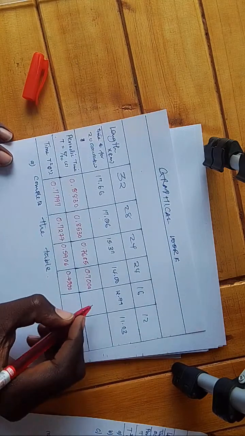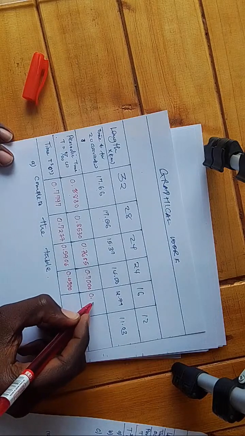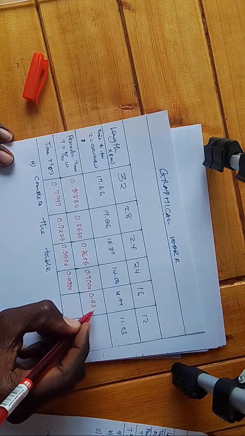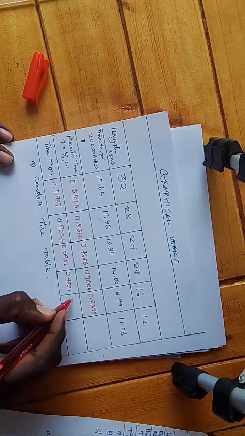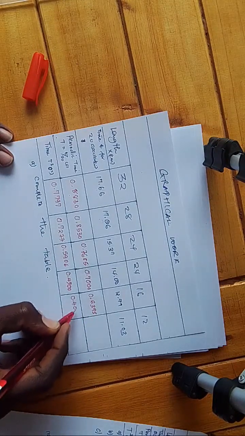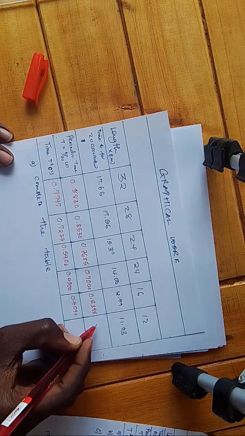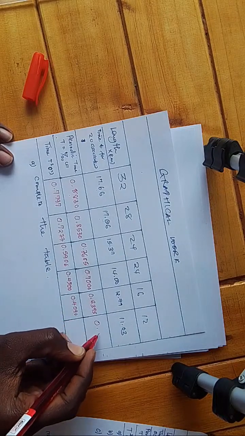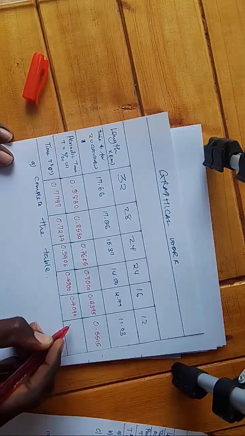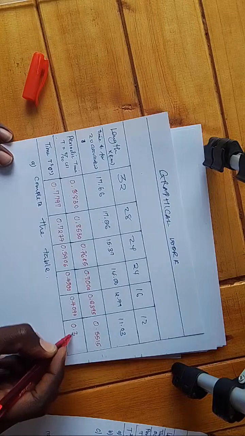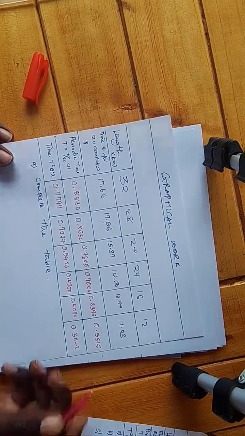The next one is 0.6395. When it is squared, you get 0.4090. The last one, we have 0.5515, and this is 0.3042.